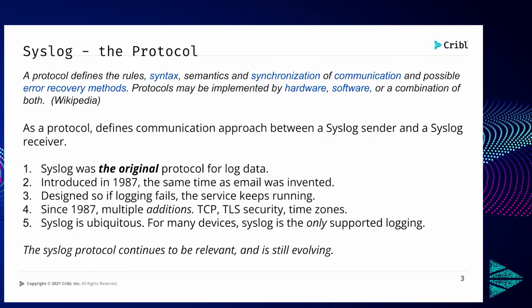These were servers with 4K of RAM back in 1987, when this was all invented by Eric Allman. He was writing sendmail, but wanted to be able to log data, and that logging couldn't ever impede the delivery of the email. So email delivery was more important. They chose UDP. If the Syslog server itself went down, the mail server didn't even know it. So we still have that legacy today when we use UDP for getting data into Syslog.